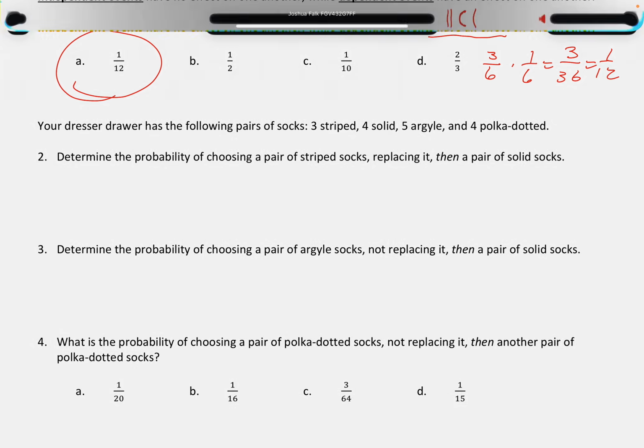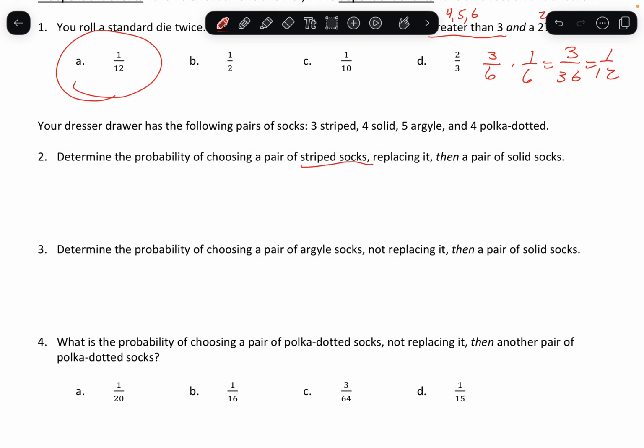The first time we think about striped socks, there are 3 options out of a total of 3 plus 4 plus 5 plus 4, which is 16. So I've got 3 out of 16. Replacing it, so I still have 16 socks, and then a pair of solid socks. I have 4 solid socks, which gives me 3 times 4 on the top, which is 12. 16 times 16 is 256. We reduce that, and I get 3 out of 64. And that's my final answer there.